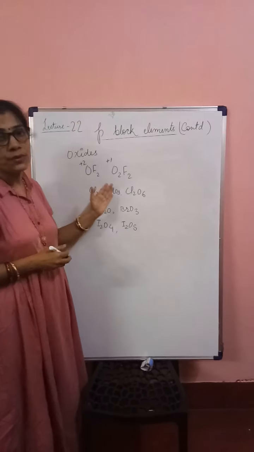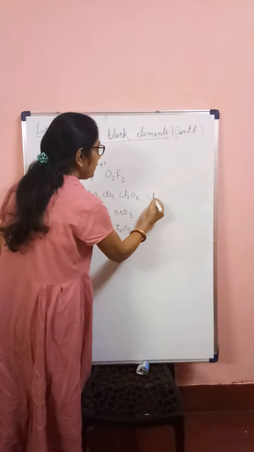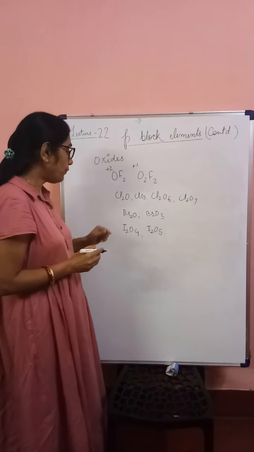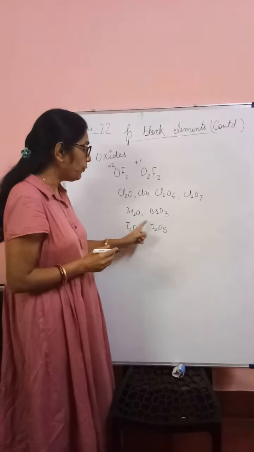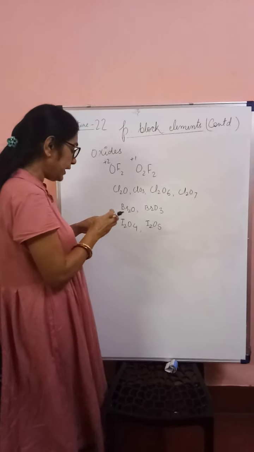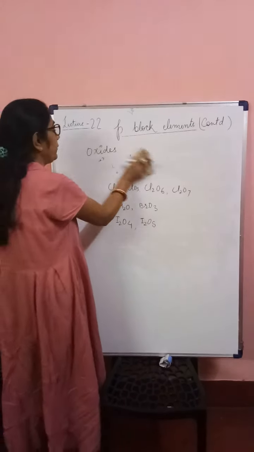Chlorine forms Cl2O, ClO3, Cl2O6, Cl2O7, etc. Similarly, bromine also forms a series of oxides, and iodine forms I2O4, I2O5, and so on. These oxides are acidic in nature.